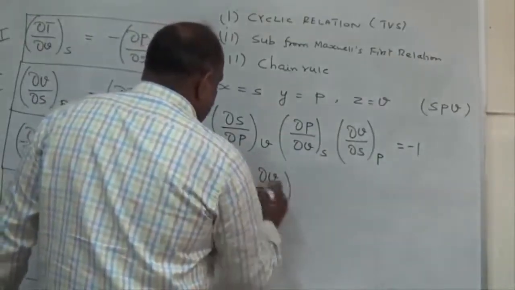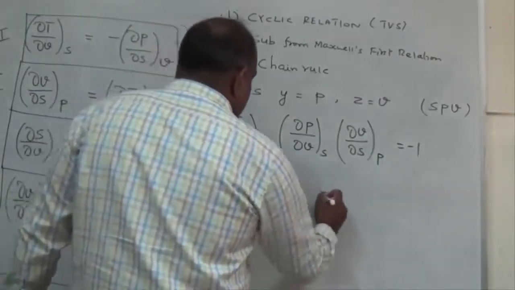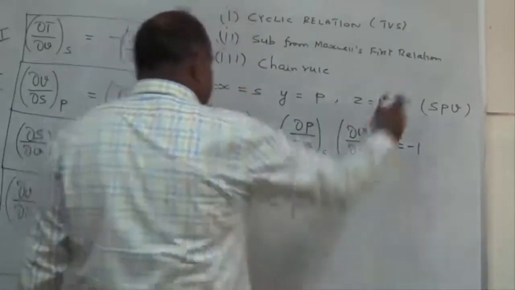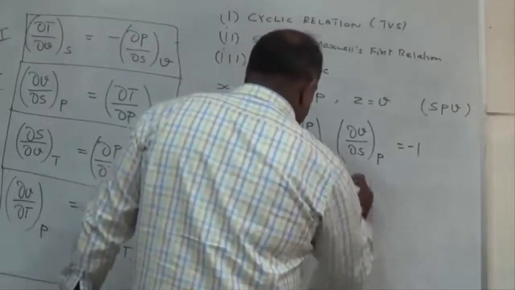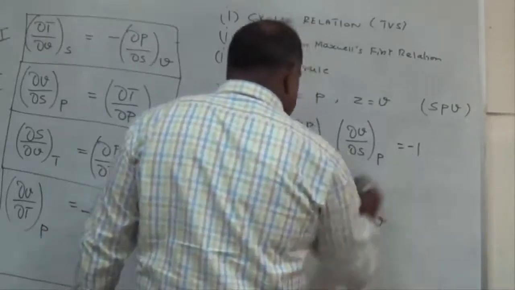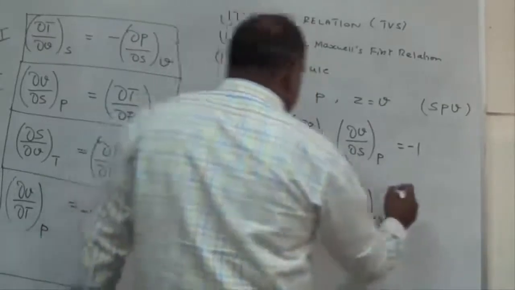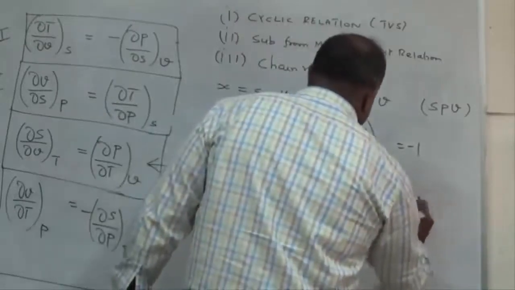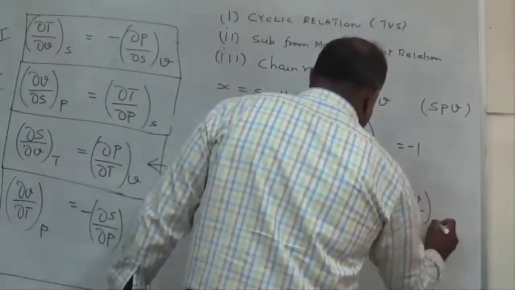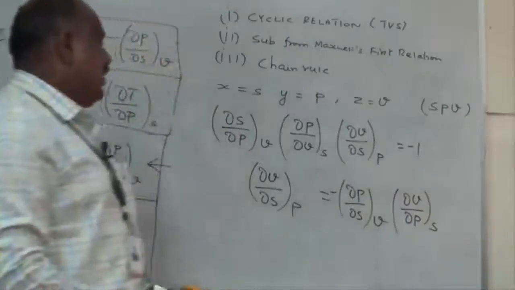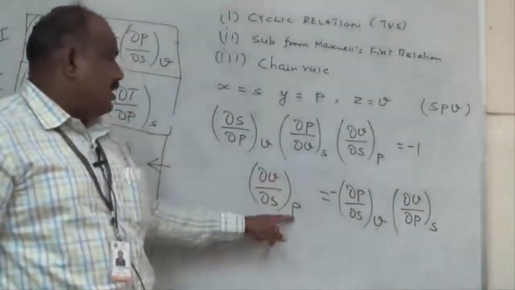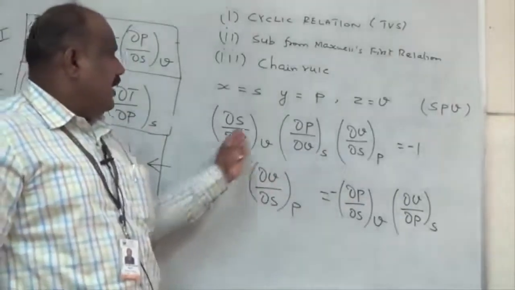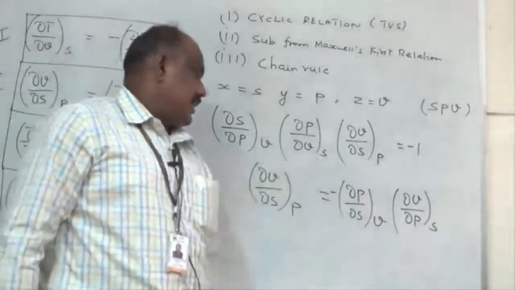So ∂V/∂S at constant pressure will be equal to, if I take the other terms to that side, ∂P/∂S at constant volume, the minus sign is already there, then ∂V/∂P at constant entropy. So among the three terms, I retained ∂V/∂S at constant pressure on the left hand side, whereas I took the other two terms to the right hand side.